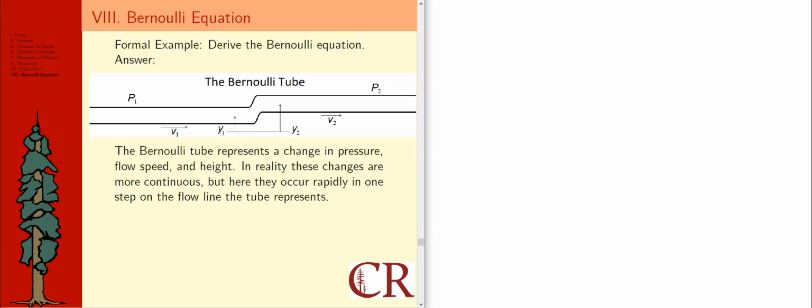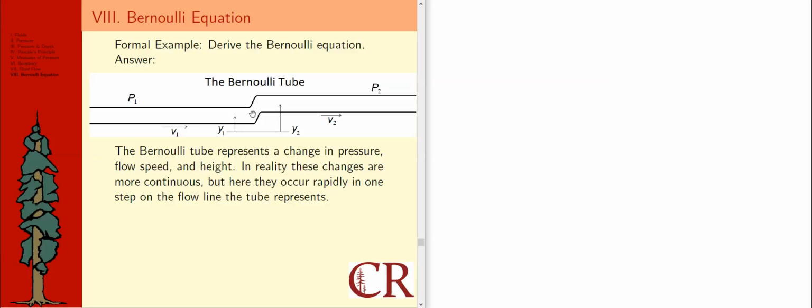The Bernoulli tube represents a change in pressure, flow speed, and height. In reality, these changes are more continuous, but here they occur rapidly in one step on the flow line the tube represents. If you look at this tube, there is this bend here. It happens pretty quickly, in a short horizontal space.